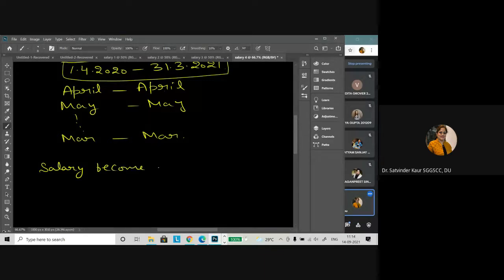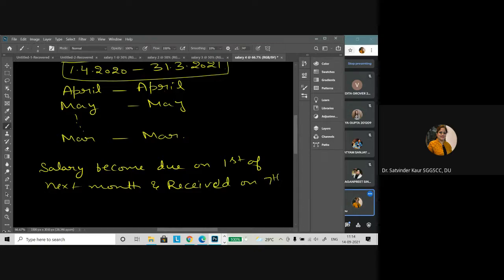Now look at the other statement where it says that salary becomes due on first of next month and received on 7th of next month, right?